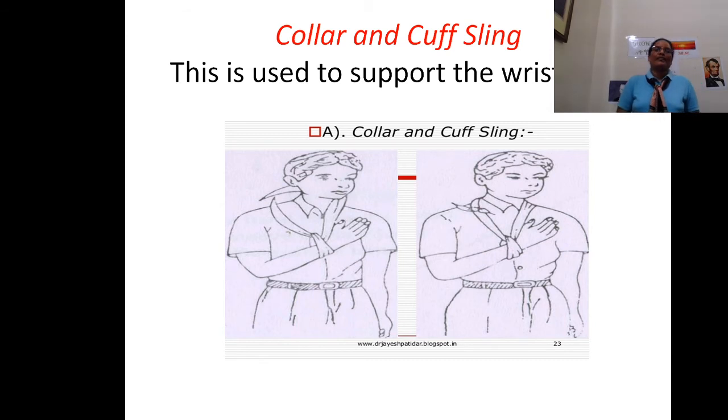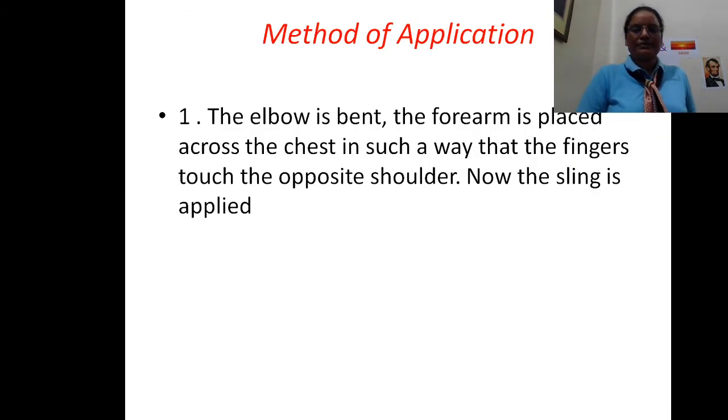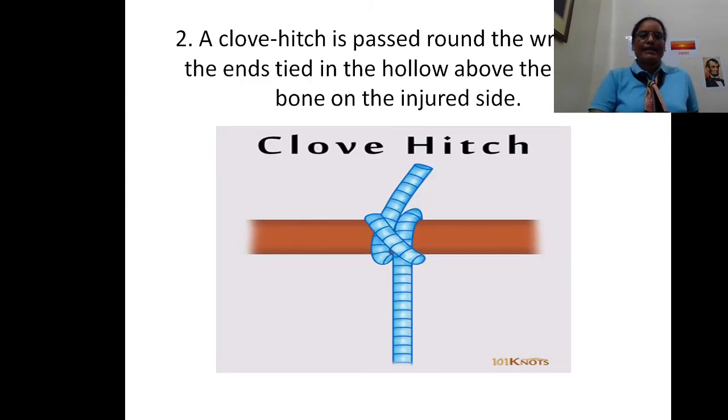Then the collar and cuff sling is particularly used for wrist injury. Method of application: the elbow is bent and the forearm is placed across the chest in such a way that the fingers touch the opposite shoulder. Now the sling is applied.